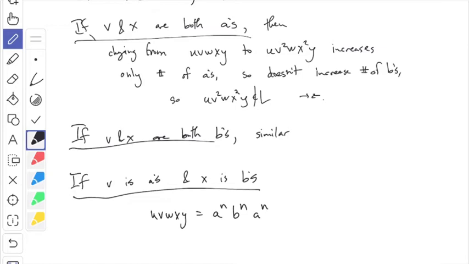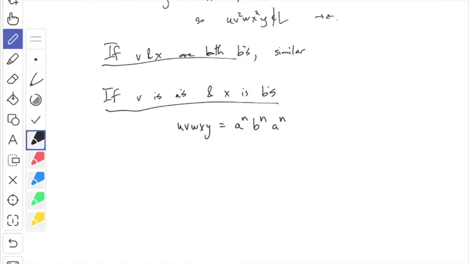All right, so the V actually lives inside the first block, A to the N, right? The V is part of that first one because it comes before the X, and the X is made up of B's.